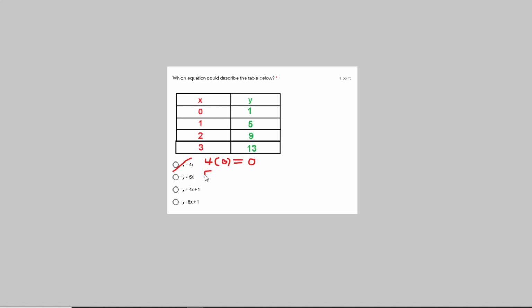I think it's going to be the same thing here, because I know 5 times 0 is still going to be 0. It's not going to be 1. So it can't be this one either. Now it could be one of these last two. So let's see. If we do 4 times 0 plus 1, it does give me 0 plus 1, which is 1.